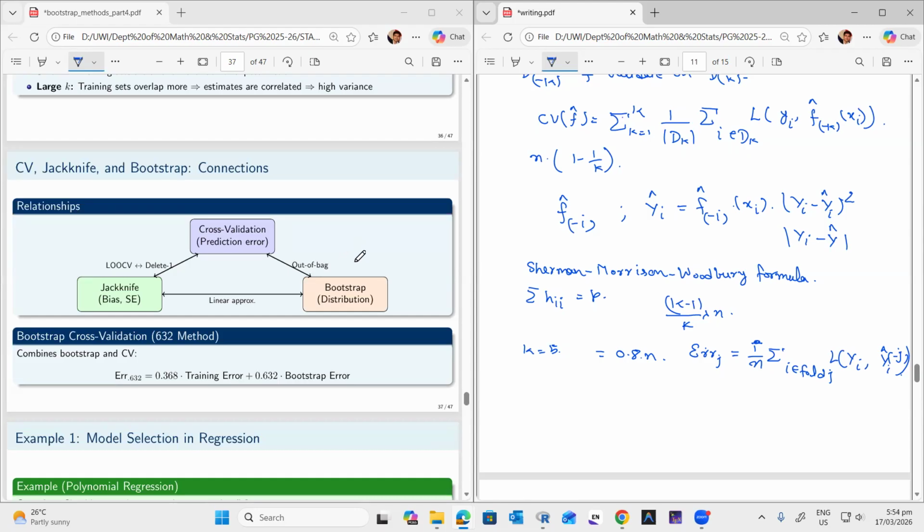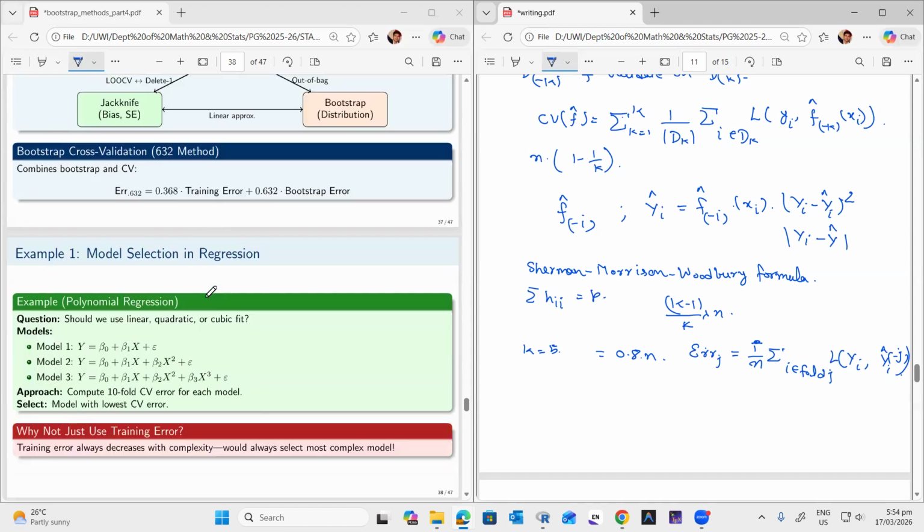So predictions of the out-of-bag observations averaged over many bootstrap samples yield the out-of-bag error estimate, which is analogous to cross validation, but the bootstrap sample is the training and the rest the test. For ensemble methods like random forest, out-of-bag error is a convenient internal cross validation. And the jackknife has the linear approximation that I already told you.